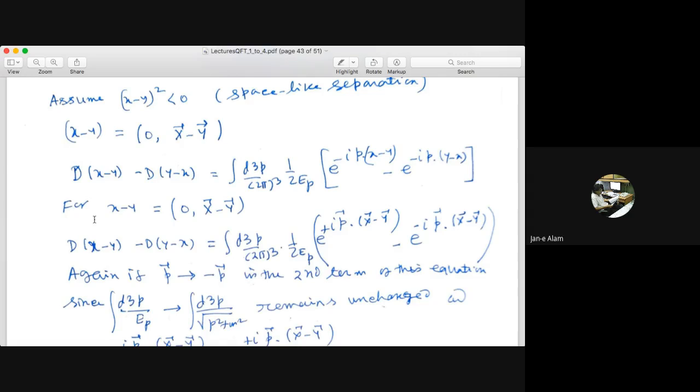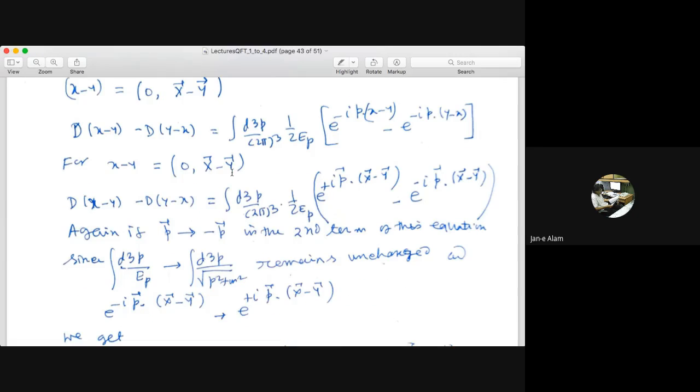Now I put the temporal component 0, and the spatial component as the x minus y vector, right? So D(x minus y) minus D(y minus x) is the integral of d cube p. Now this p0 (x0 minus y0) term is 0 because the temporal component is 0. So what I get here is e to the i p vector dot (x minus y) vector, and here e to the minus i p vector dot (x minus y) vector, right?